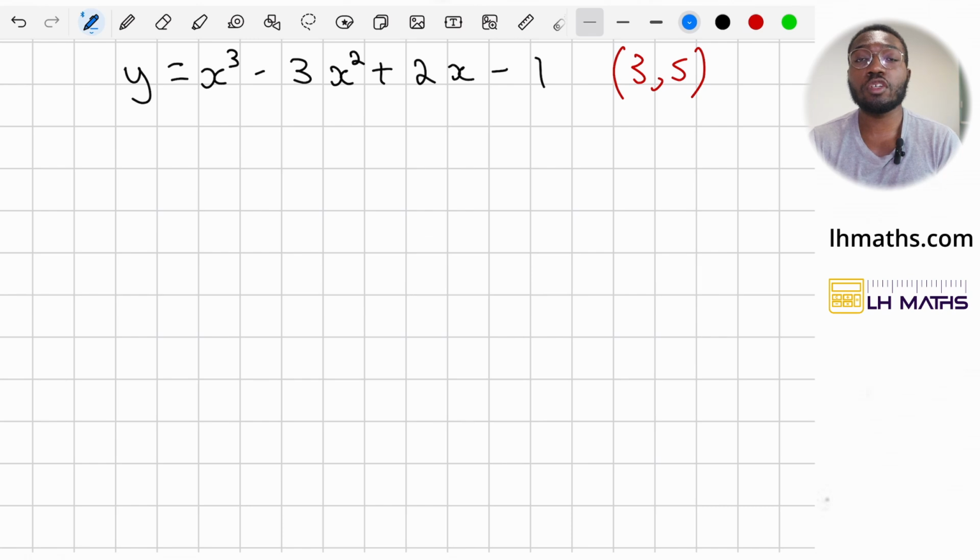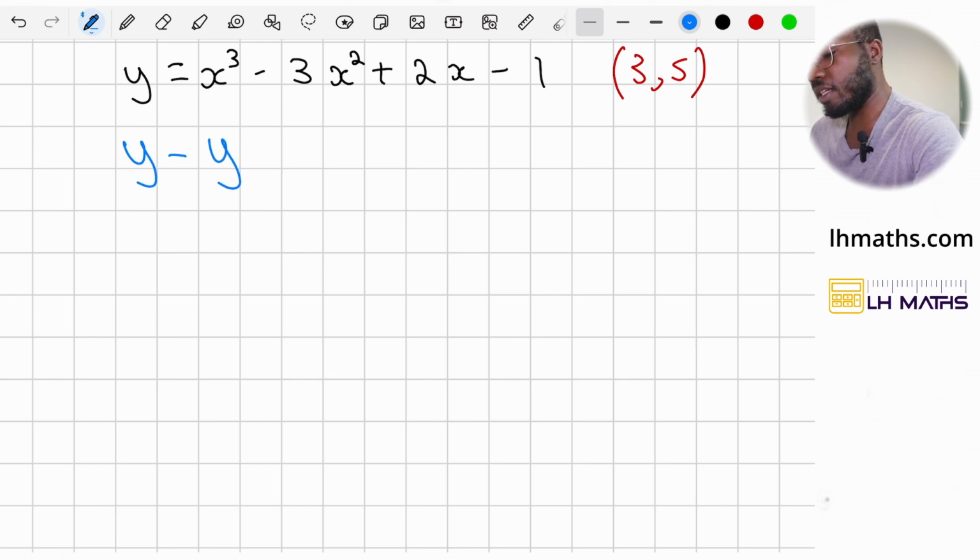For this question, we have the cubic equation y equals x cubed minus 3x squared plus 2x minus 1, and we need to find the equation of the tangent to the curve at the point (3, 5). To work out the equation of the tangent, we know it is going to be a straight line, so we will use this formula at some point.